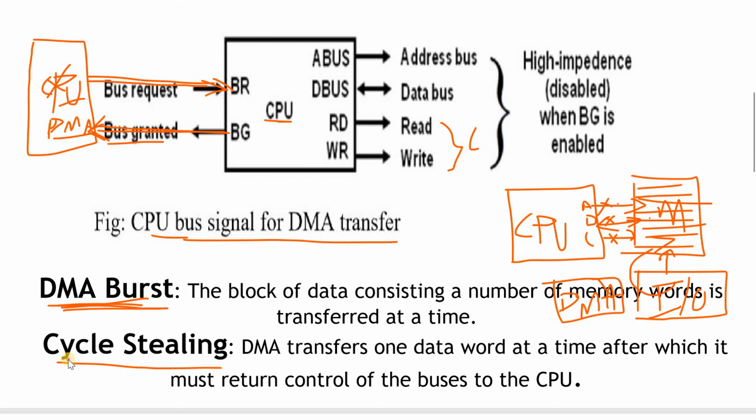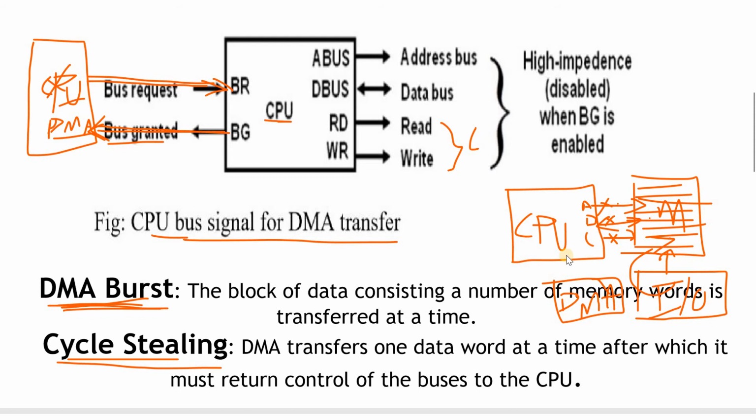Generally, in cycle stealing the CPU handles many more cycles, machine cycles and instruction cycles, compared to the DMA. Suppose you want to transfer one byte from an IO device to memory.